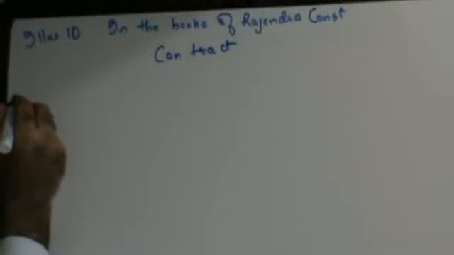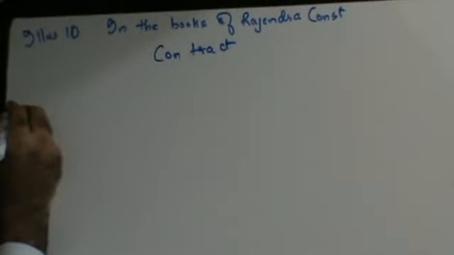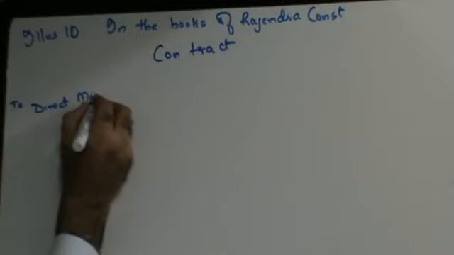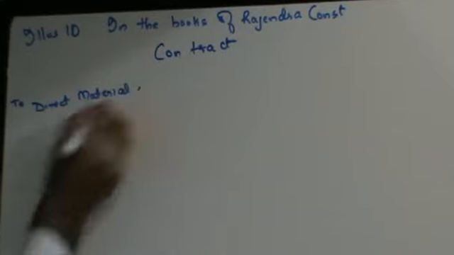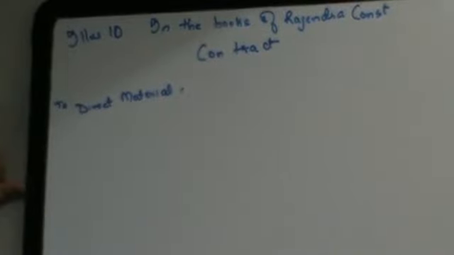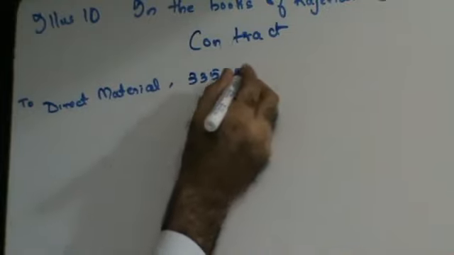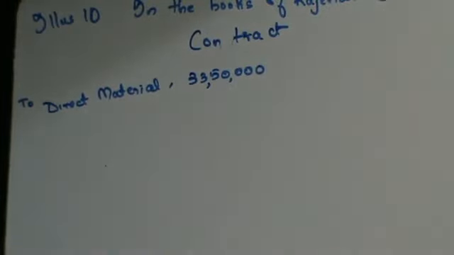Now let's start. To direct material, debit. Expenses and losses are all expenses, so they will be on the debit side. Direct material in the contract is 33,50,000. In the total contract, you have to add the actual expenditure and the estimated expenditure.